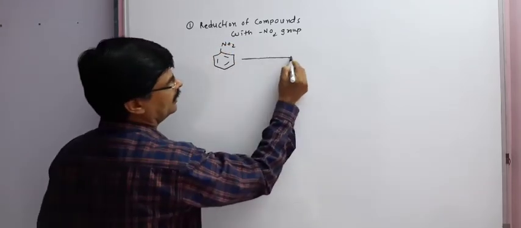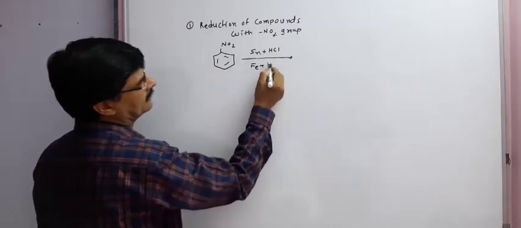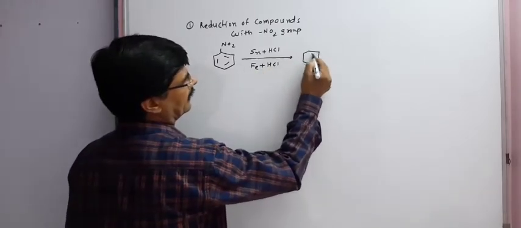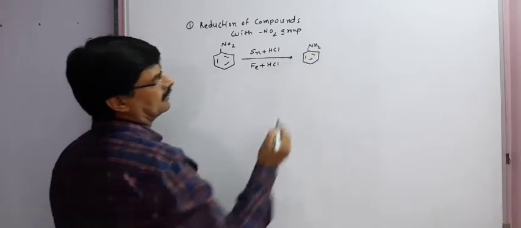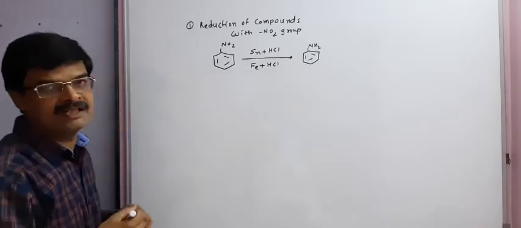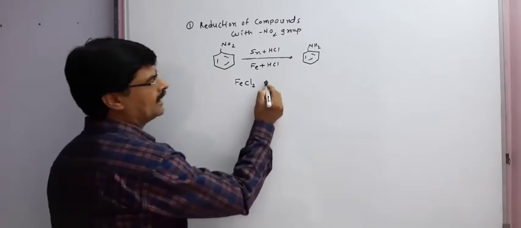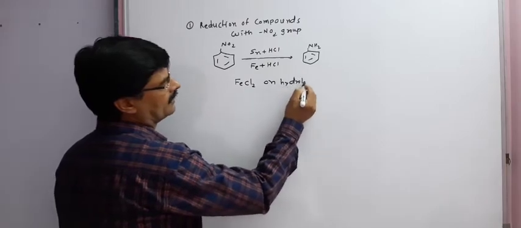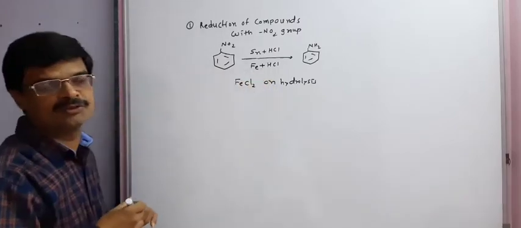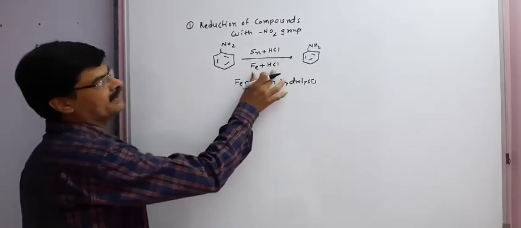Nitrobenzene on reduction with Sn/HCl or Fe/HCl gives aniline. But if we utilize iron scrap and hydrochloric acid, it is advantageous because the FeCl2 produced on hydrolysis gives HCl, and that is why we can start the reaction with a small amount of HCl. That is why iron scrap and HCl is easy to utilize.